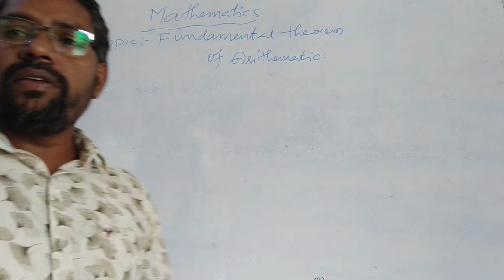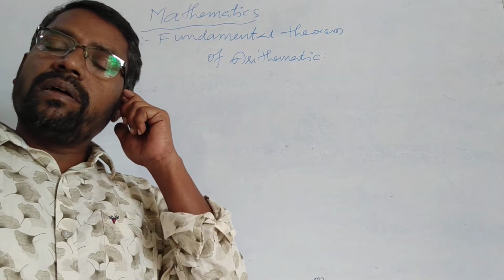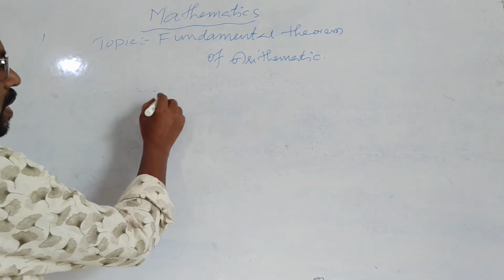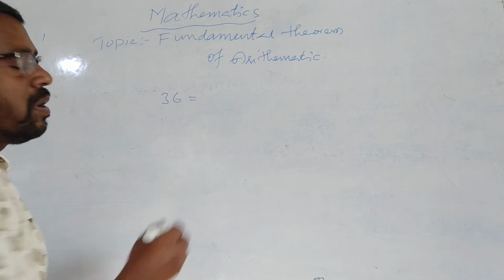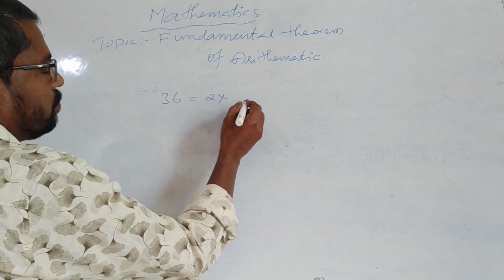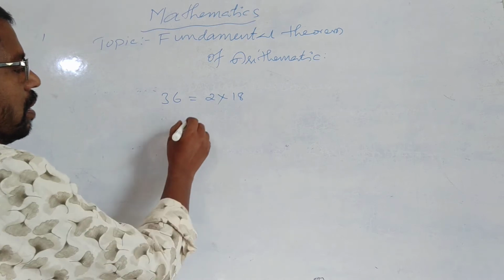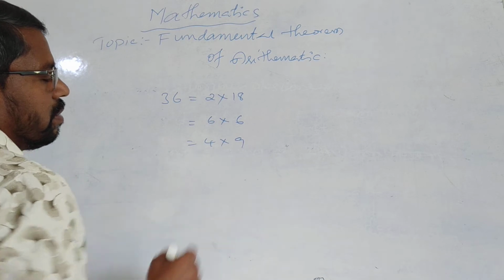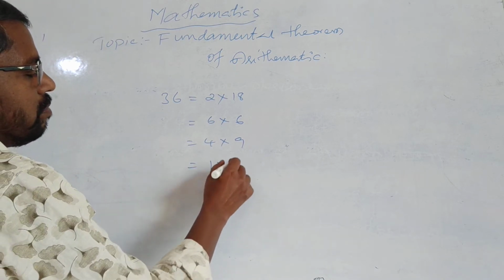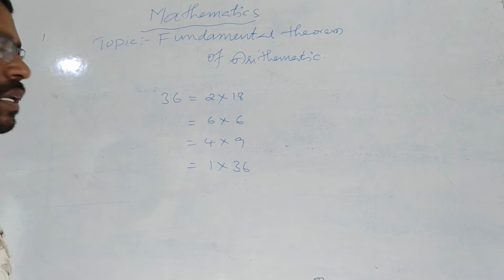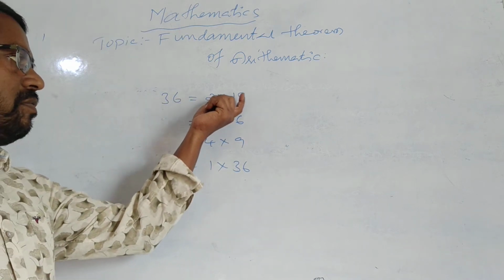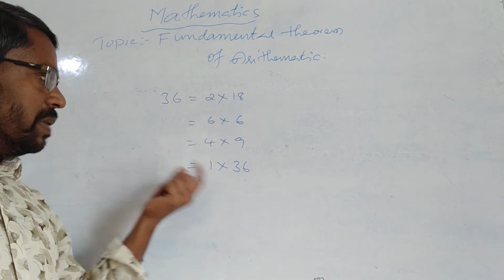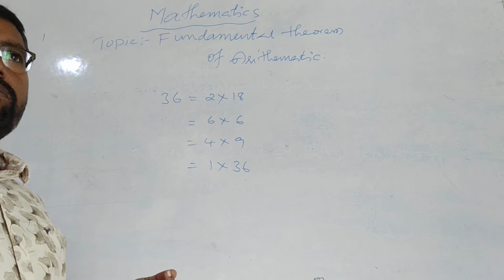Our concept is multiples and factors. Let us take 36. It can be written in the form of 2 into 18, another way 6 into 6 and 4 into 9, and 1 into 36 is also possible. 36 may be written in all these patterns, which we discuss in the multiplication tables.